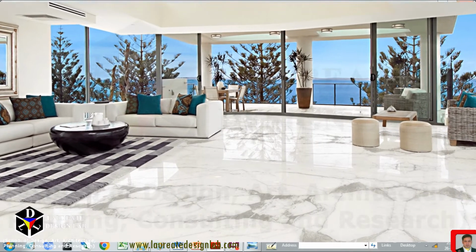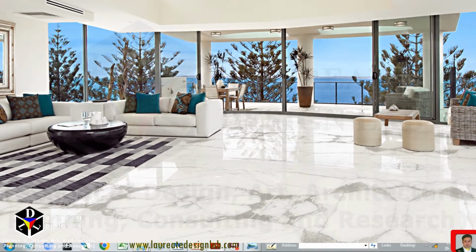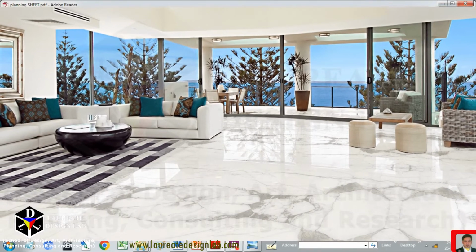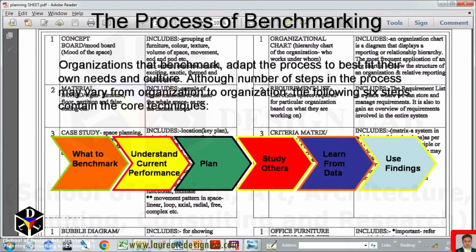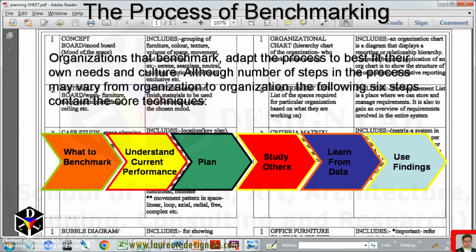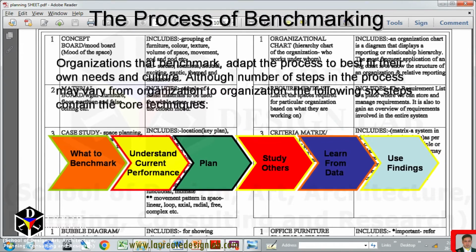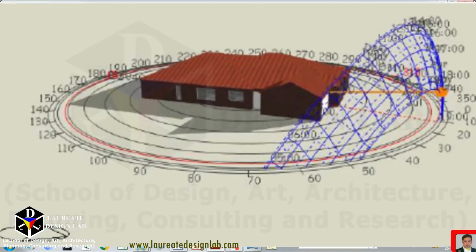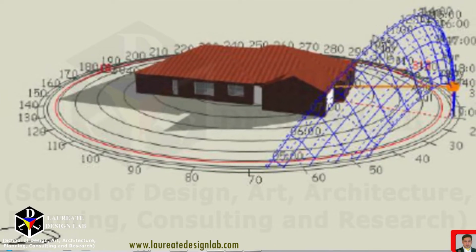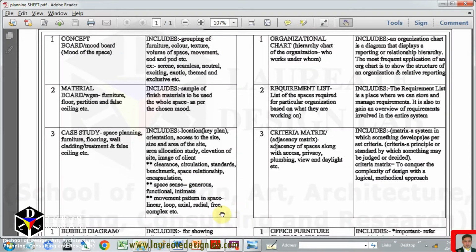So you will choose better grains, better look, and also obviously the price will be higher then. So this is called benchmarking, that this space which was already existing, I'm going to do better than that. You are benchmarking and then you are lifting it up.